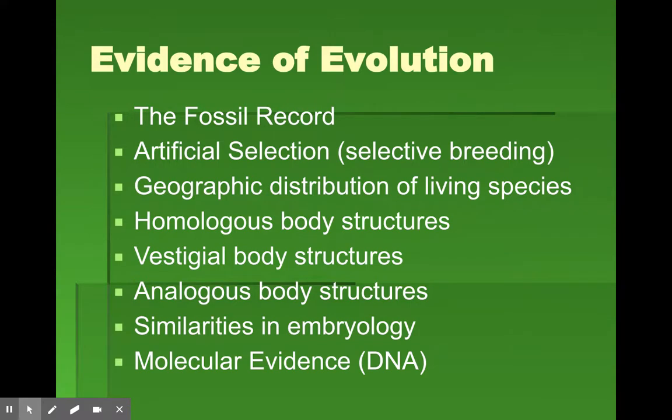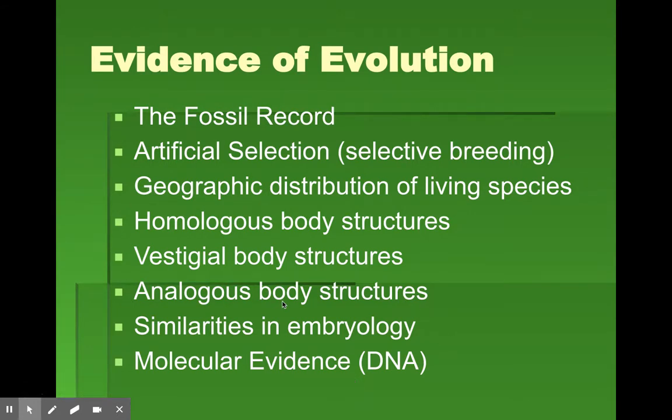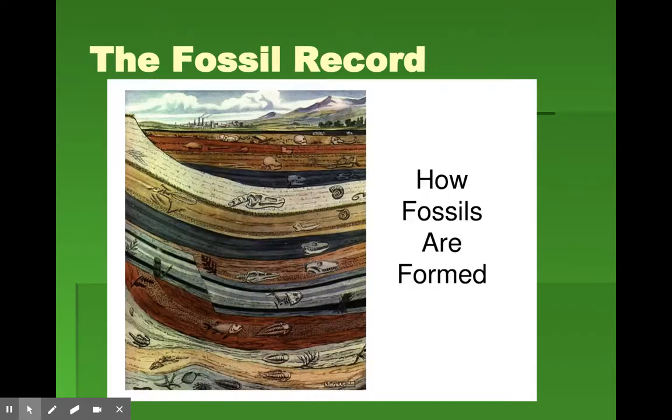Then homologous body structures, vestigial body structures, analogous body structures, similarities in embryology, which you'll also be doing later on in this digital lesson, and then molecular evidence or DNA. We're going to go over these in this presentation and talk about how each of these helps prove this theory of evolution.